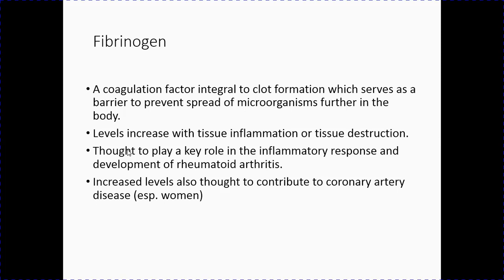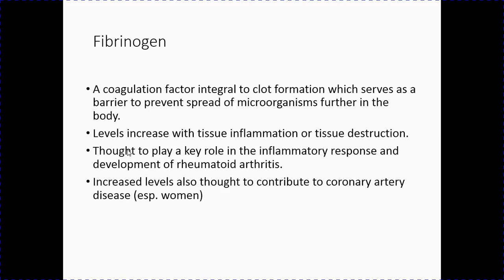And the way this happens is that an increased presence of fibrinogen in the bloodstream makes the blood pretty viscous. And as a result, it slows things down and it promotes clotting or aggregation of red blood cells and platelets. Aggregation just meaning clumping of red blood cells and platelets within the vasculature.